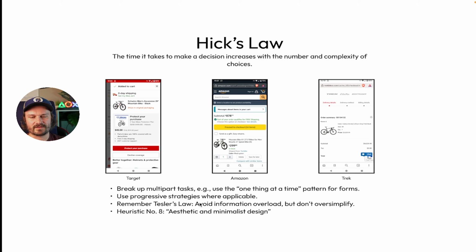Don't go so far in the other direction that the user has questions during the checkout process that aren't answered on the screens. And this ties back in to user experience heuristic number 8, which is aesthetic and minimalist design. Be as minimalist in your design as possible, while still giving the user all the information they need to successfully complete a task.